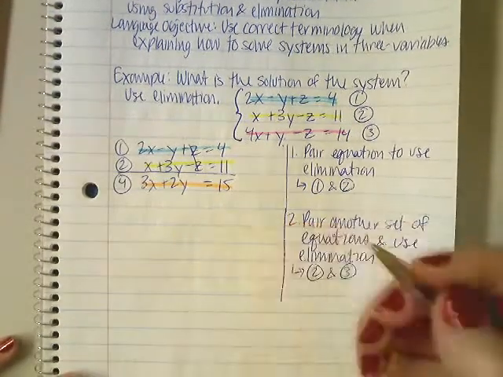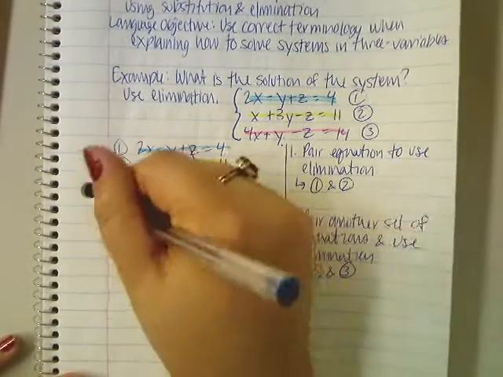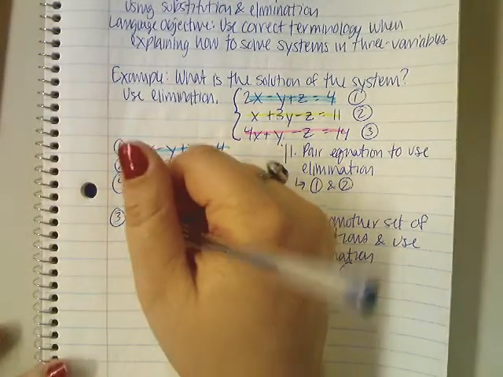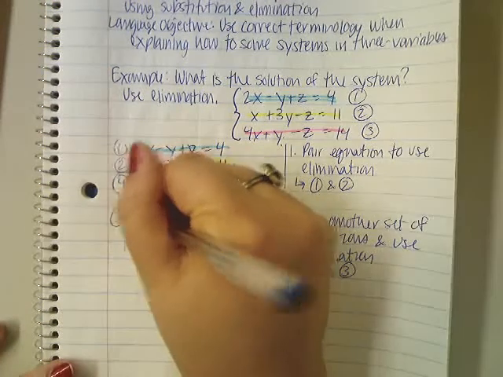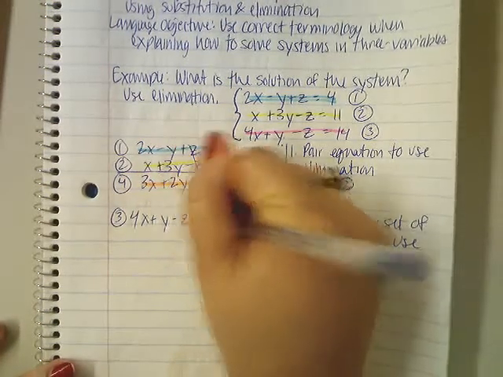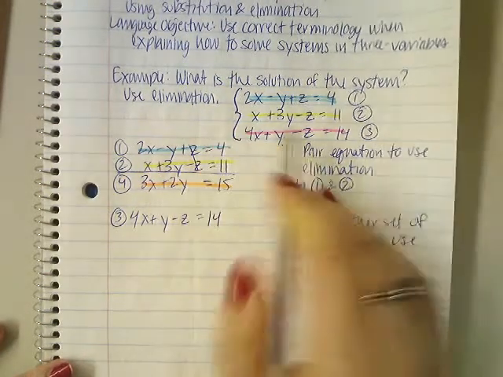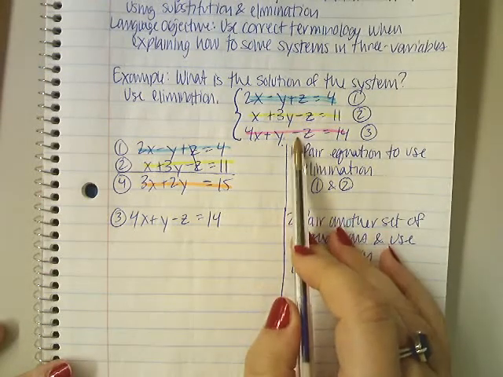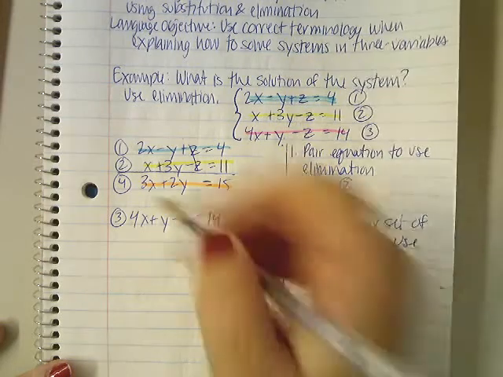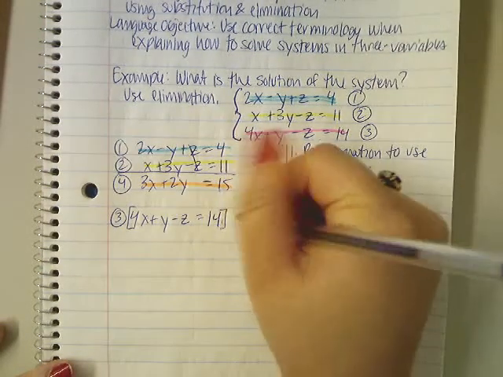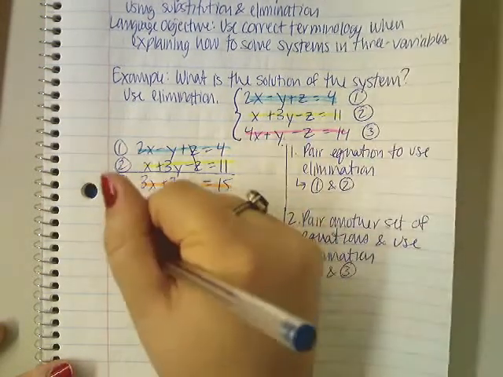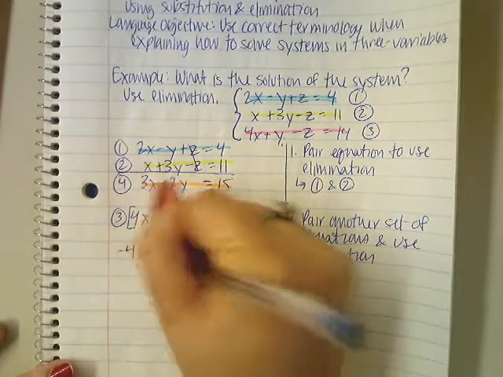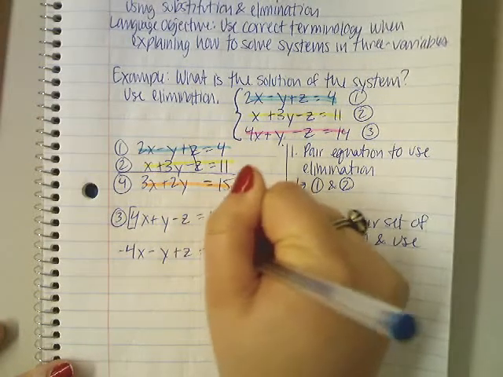I'll write 3 first. So 3 is 4x plus y minus z equals 14. And my other equation is 2. The z's are on the same side, so it's negative z and negative z. So I'm going to multiply equation 3 by -1 so that I get negative 4x minus y plus z equals negative 14.